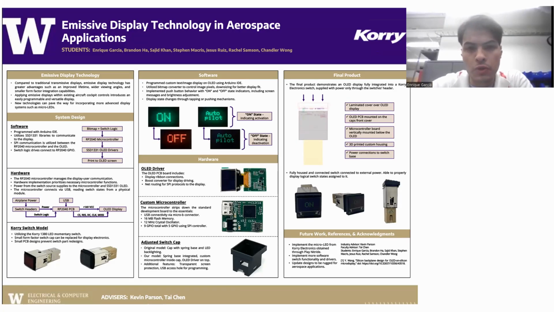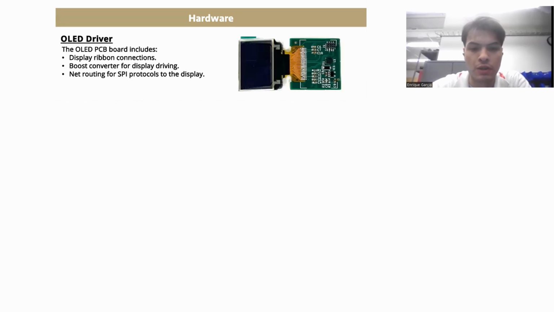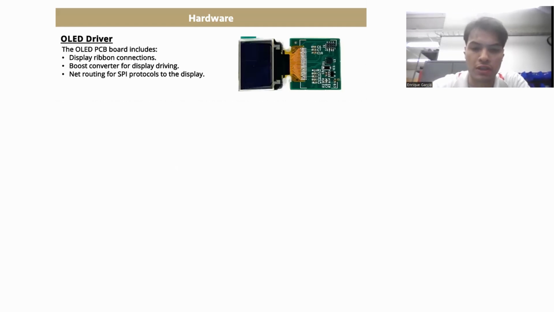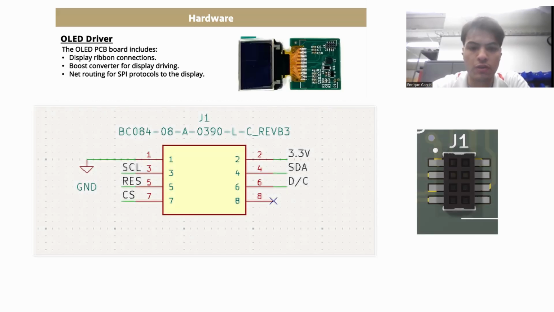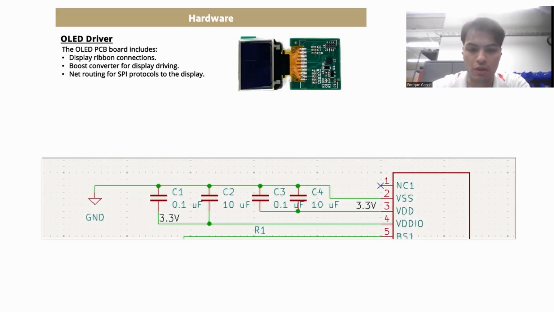So the OLED display that we chose was a 0.95-inch diagonal 96 by 64 pixel full color OLED display. To power this display, we developed a PCB driving board for it that makes use of a step-up converter that amplifies the 3.3 volt signal to around 13.5 volts for the VCC. It connects all of the SPI communication to the vertical header on it, and also powers VDD at 3.3 volts into the OLED board.